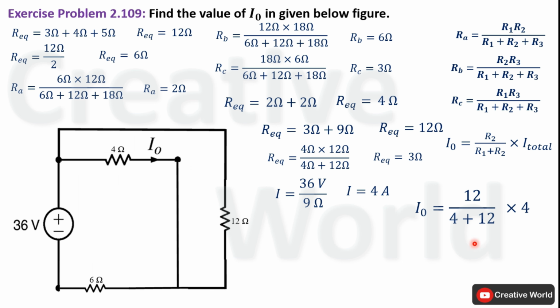R2 is 12 ohm divided by R1 is 4 ohm plus R2 12 ohm and total supplied current is 4 ampere. Take the product of 12 and 4, it will become 48 divided by the sum of 4 and 12 will become 16. So 48 divided by 16 will result 3 ampere. So the value of current I0 through this 4 ohm resistance will be 3 ampere.